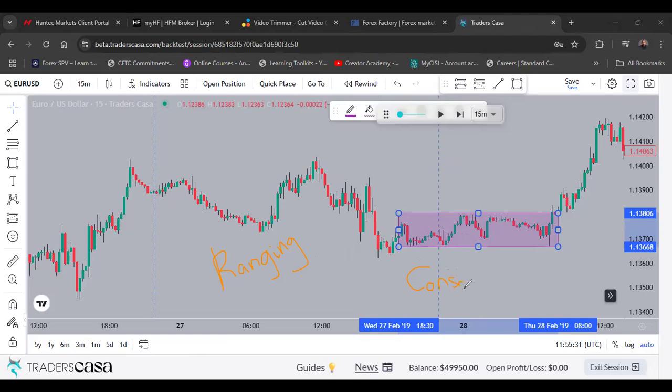The market is at rest, consolidating, and it will continue with the trend.